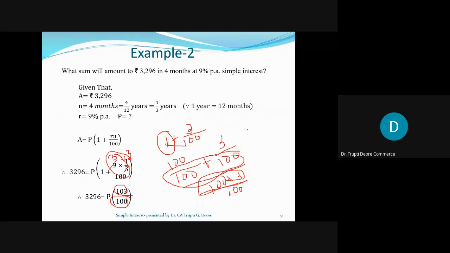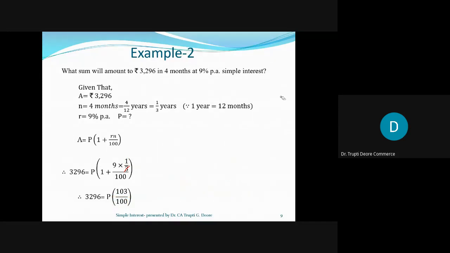Okay, now we'll go further. Next step: when it's divided by 100 here, it is transferred as multiplication, so it is 3296 into 100, and the multiplication here is converted into division by 103.